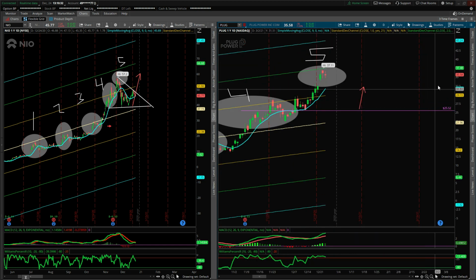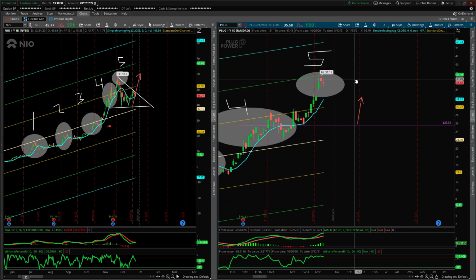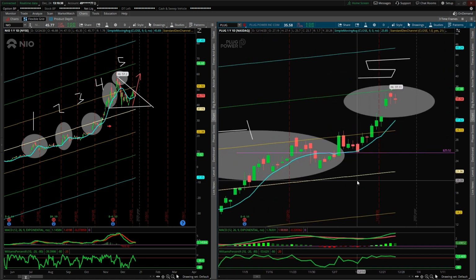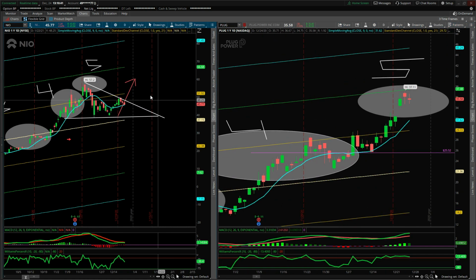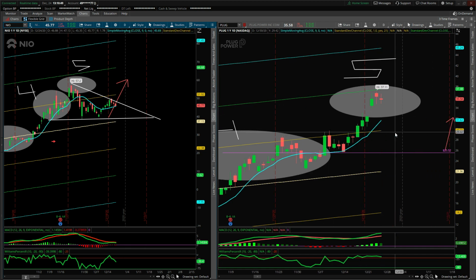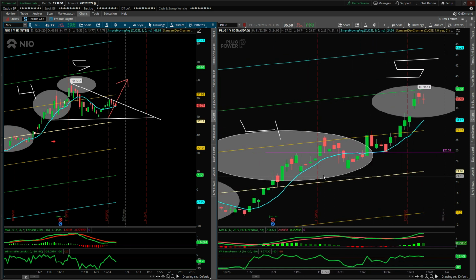Now that step 5 has been completed, I know that Plug is going to fall based off of Neo's chart right here. So that move was 57 all the way down to 38, like I said earlier. We know this is going to fall back to the baseline around 4, so around $25.